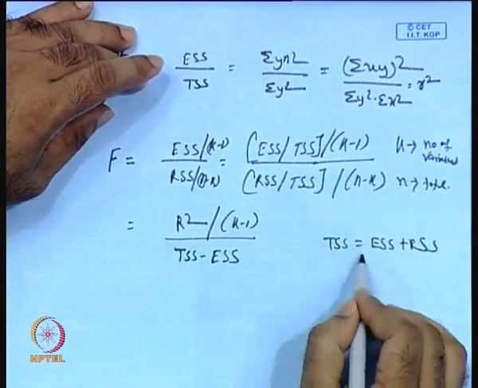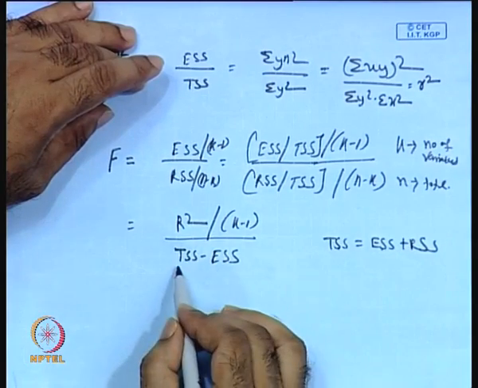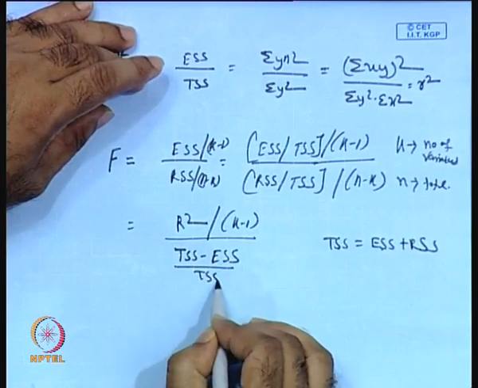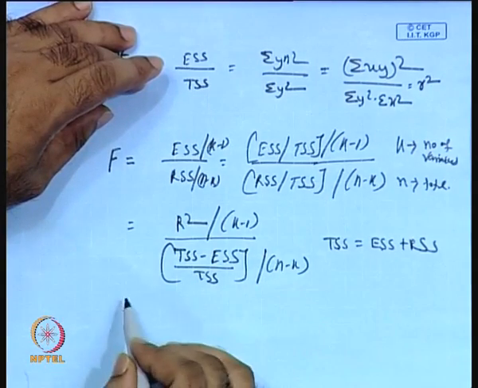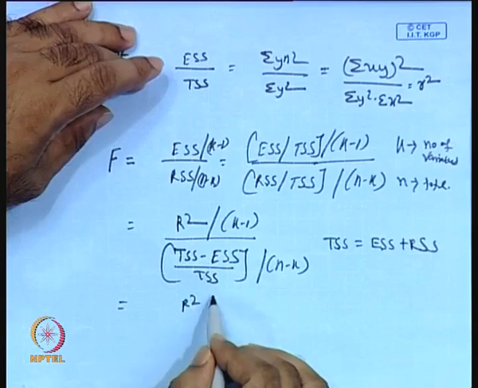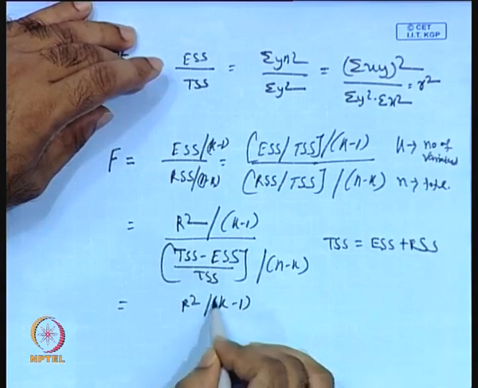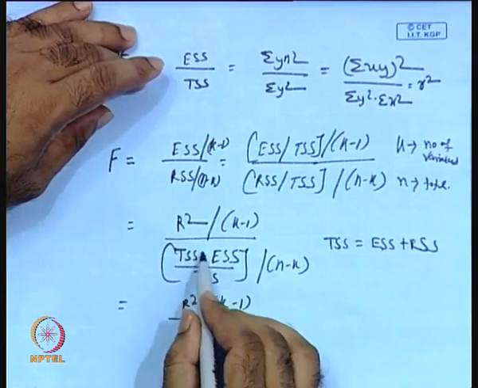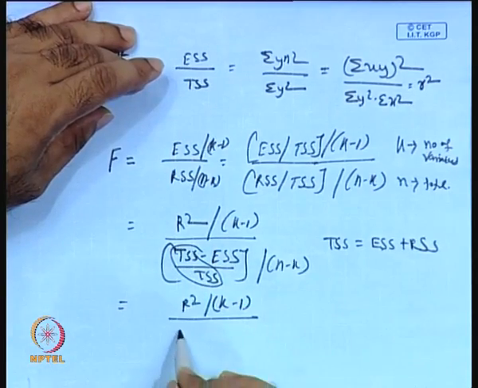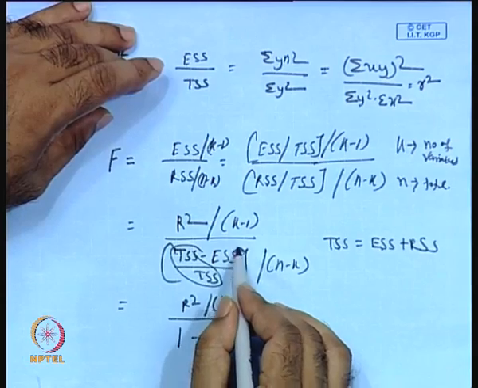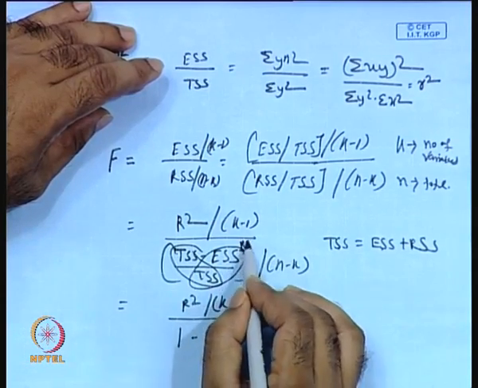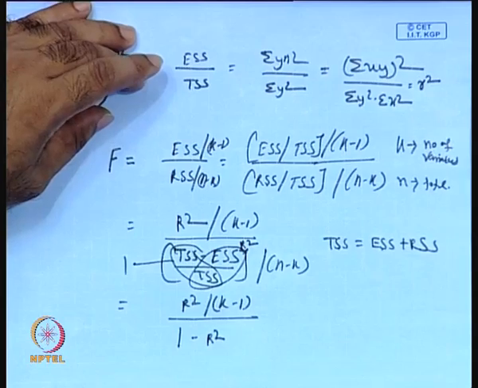So, RSS by TSS equals (TSS minus ESS) divided by TSS, and the whole divided by n minus k. This is nothing but r square upon k minus 1, divided by this term, which is equal to 1 minus r squares, because this is one component and this is another, this is r square and this is equal to 1.